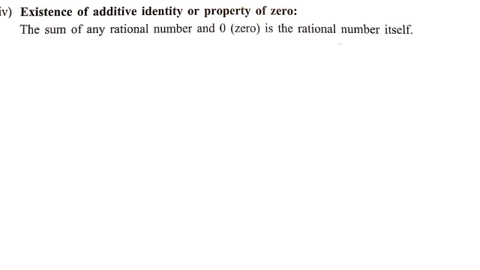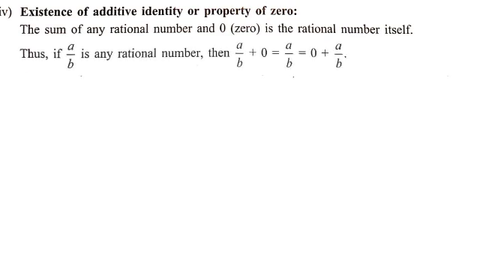So the next property, existence of additive identity, or property of 0. The sum of any rational number and 0 is the rational number itself. Thus, if a by b is a rational number, then a by b plus 0 is equal to a by b, which is equal to 0 plus a by b. That is, if I add any rational number with 0, the answer is going to be the same rational number as well.